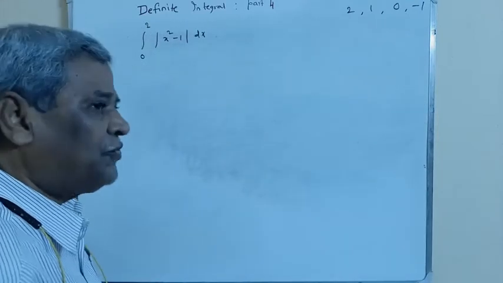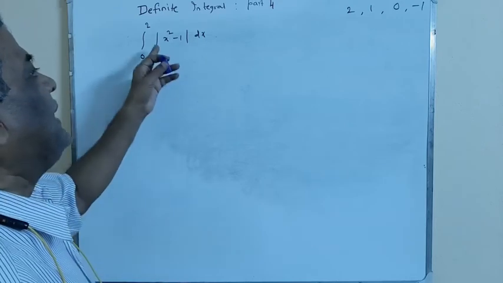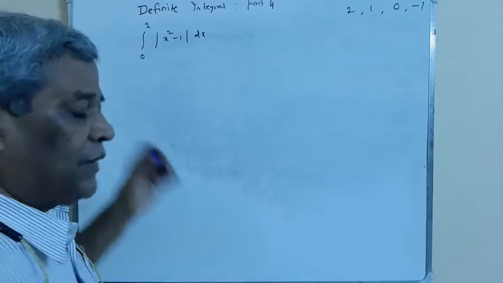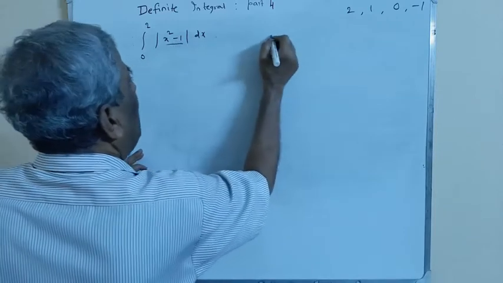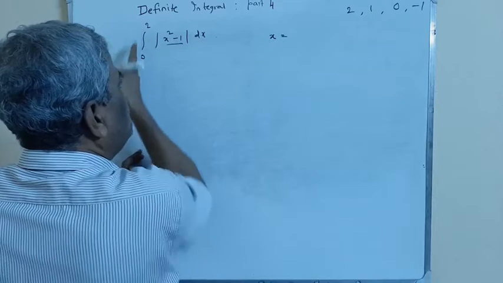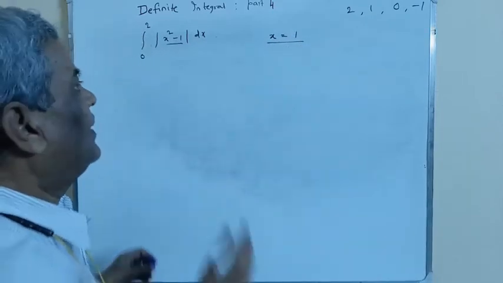This is again a mod function. So we have to take the integrand outside the mod function in order to integrate that. Now it is actually 0 at x is equal to plus minus 1, but minus 1 is not there. So at x is equal to 1, it becomes 0.